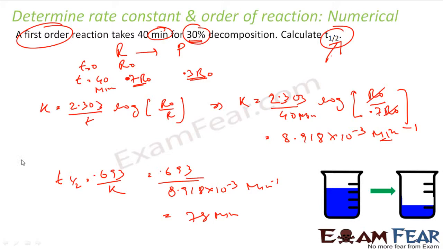T half is nothing but, for this first order equation, 0.693 by K. That means we have to find the value of K. To find the value of K, we'll use this golden formula. In this golden formula, all the values are given. T was given, R naught was given, and R was given. We put all the values, we can easily find the value of K, and then we found the value of T half.